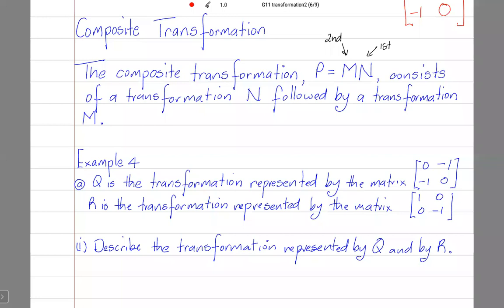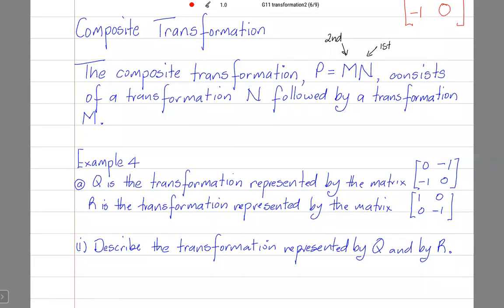All right. So example 4, and this is coming under composite transformation. We said earlier that the composite transformation P is equal to M multiplied by N, consists of the transformation N followed by a transformation M. So you can obtain a composite transformation by multiplying the two transformations.